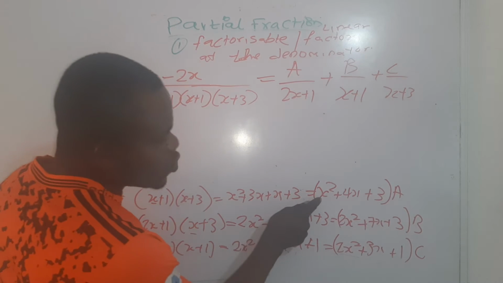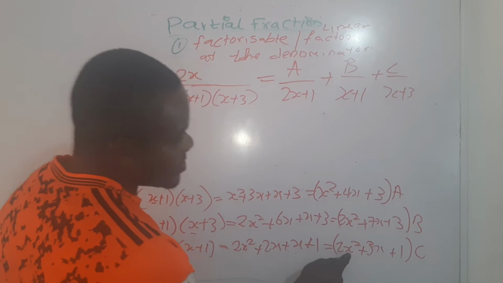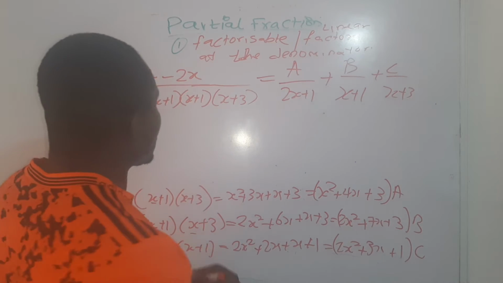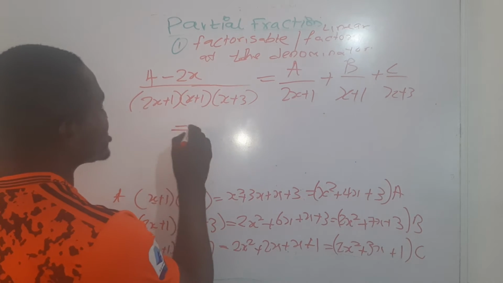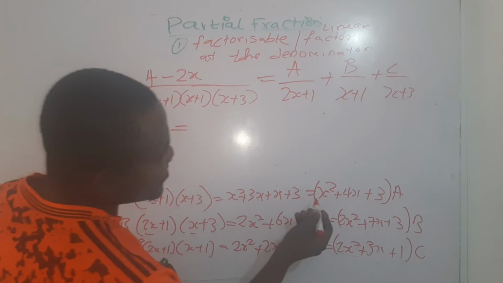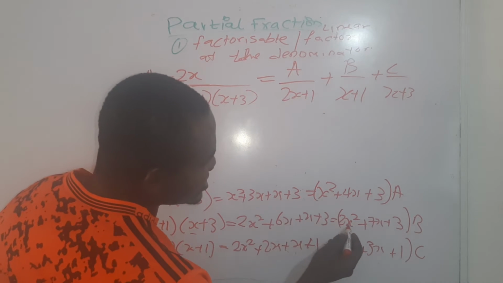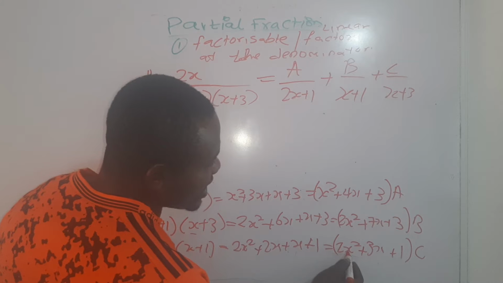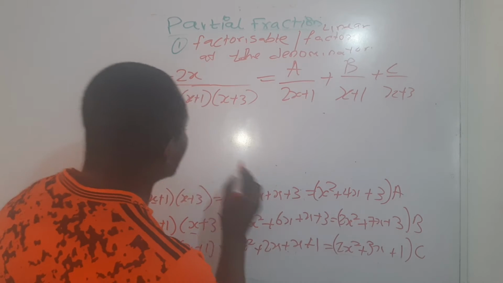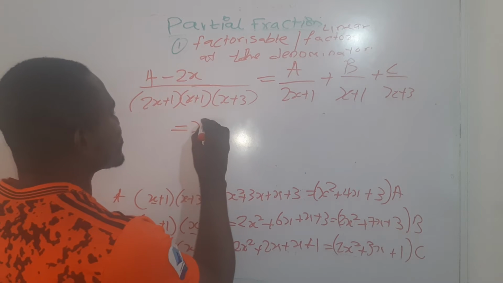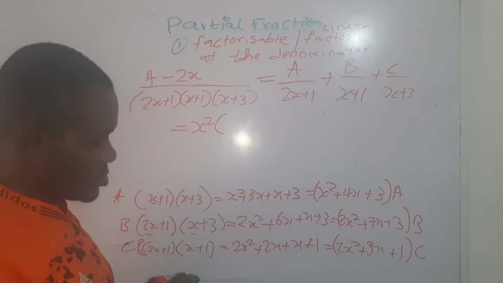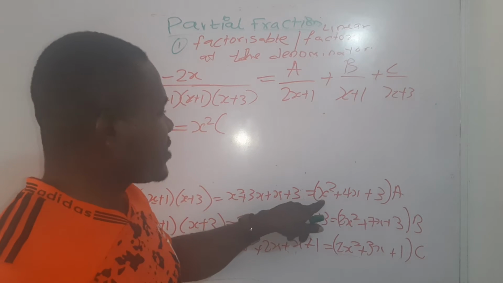Now, this is s squared, this is s squared, this is s squared. So s squared is common. So we can now say equals, I want to expand the numerator alone now. When you remove s squared from here, what remains?